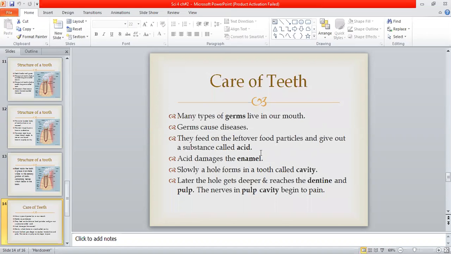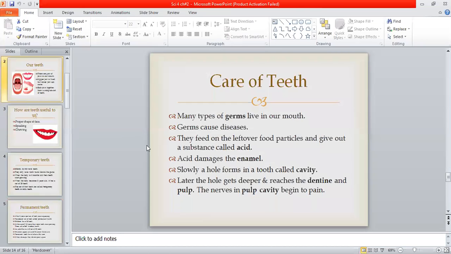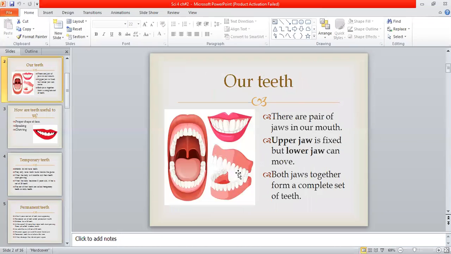So what are the leftover food particles? Here you can see that in your teeth, between every tooth there is a little gap. You can touch your own teeth and see there is a little gap between each.